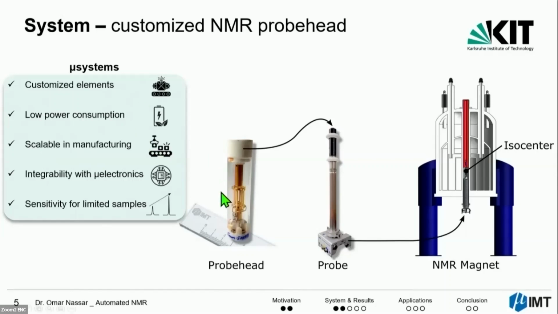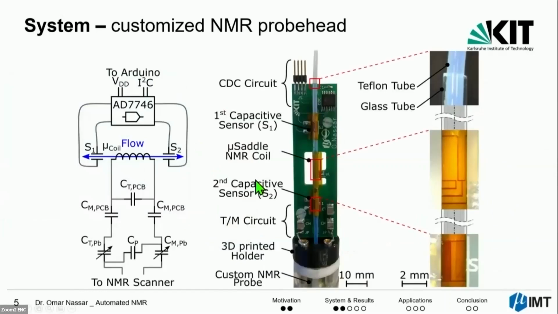We only replaced the detector with a custom-built NMR probe head, which possesses a micro saddle coil and two flow sensors flanking this detector. We integrated two flow sensors so that we have the flexibility to run the NMR experiment by pushing or pulling the line of the samples.